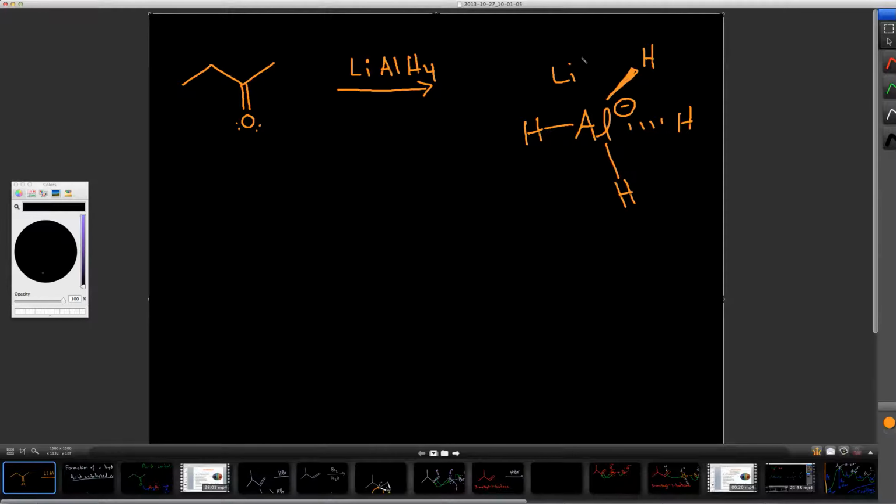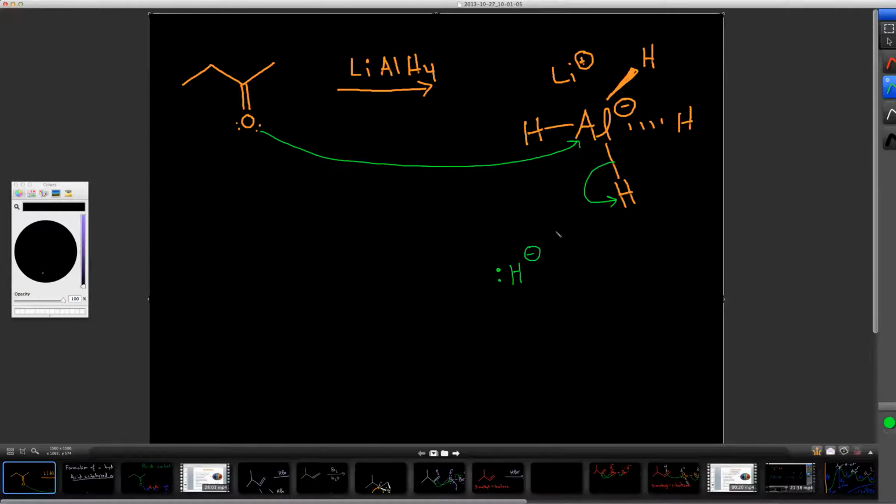Of course, the lithium cation has an integer positive charge. And the way that this works is that you actually have a complex formed between the oxygen and the aluminum, and one of these hydrides leaves. So in all honesty, the true nucleophile in this reaction is hydride.